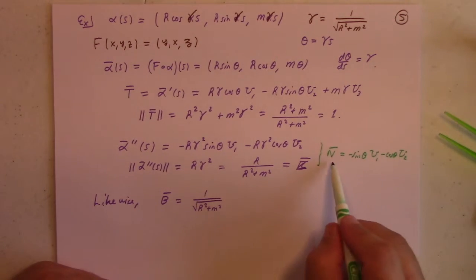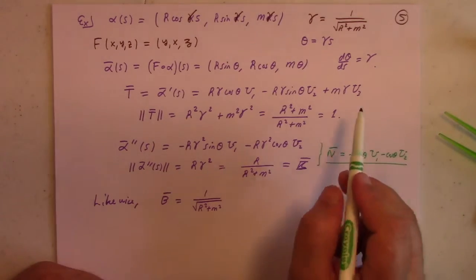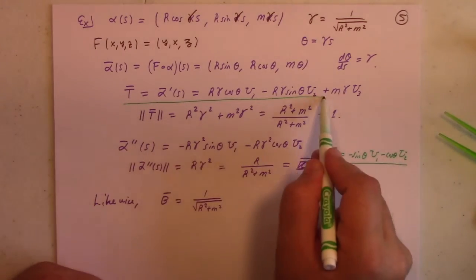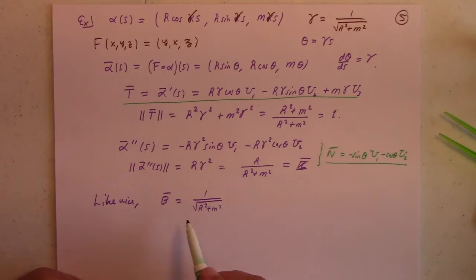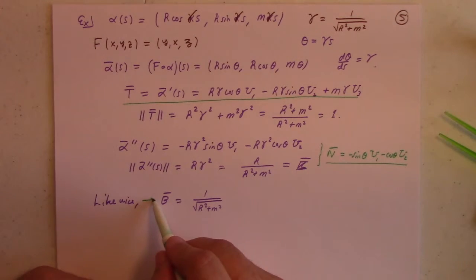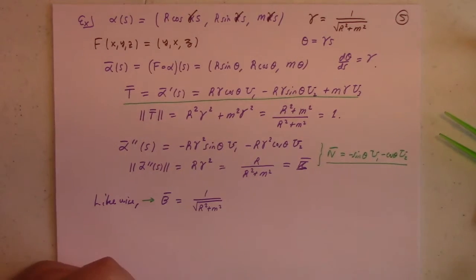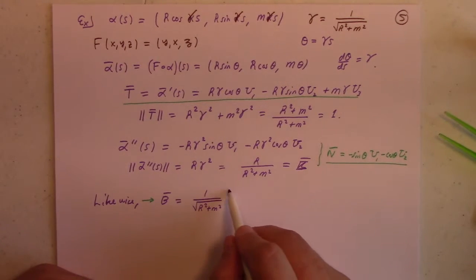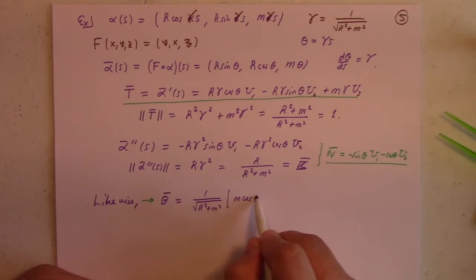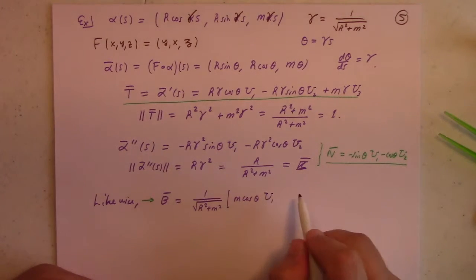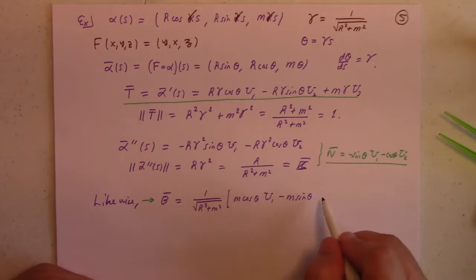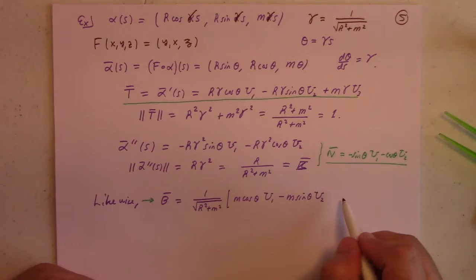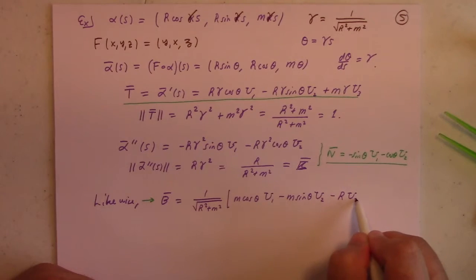So if you take the cross product of the normal bar with t bar, take the cross product of these two guys, they get you down to here, right? And a short calculation will show that that's 1 over the square root of r squared plus m squared times m cosine theta u1 minus m sine theta u2 minus r u3.